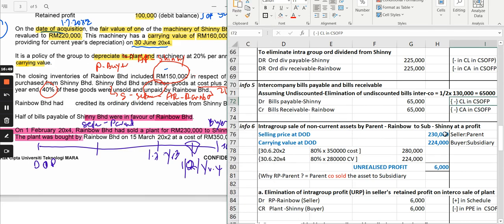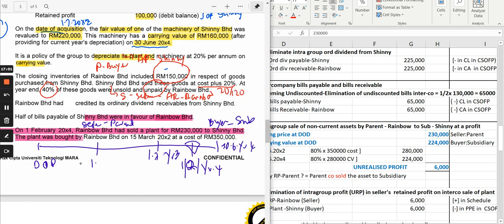Selling price is 230,000. So to find the carrying value, since it was purchased here, this is 1st of July, year 2. The date of purchase is 15th of March, year 2.